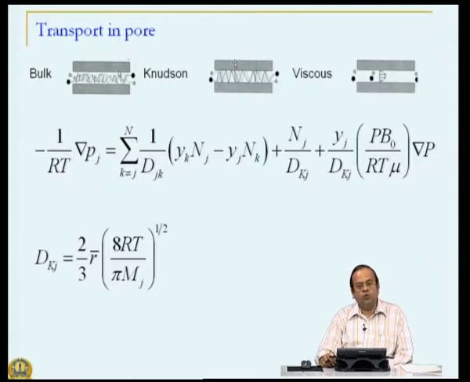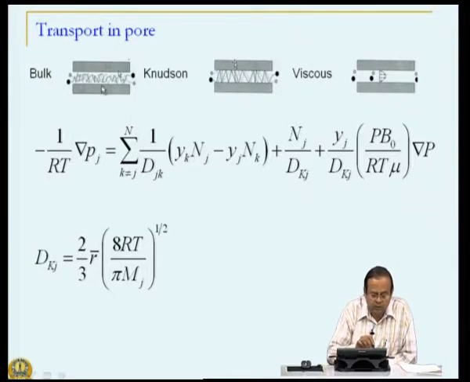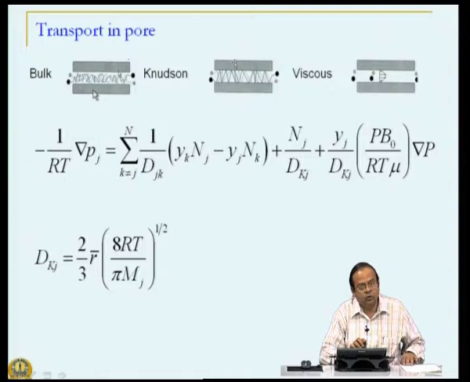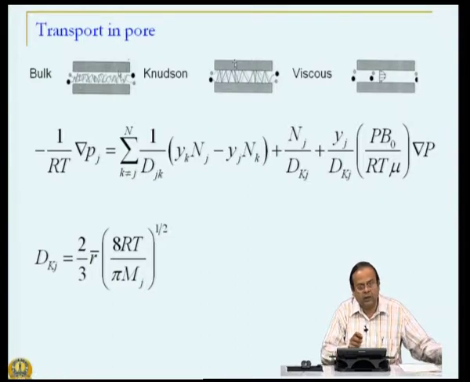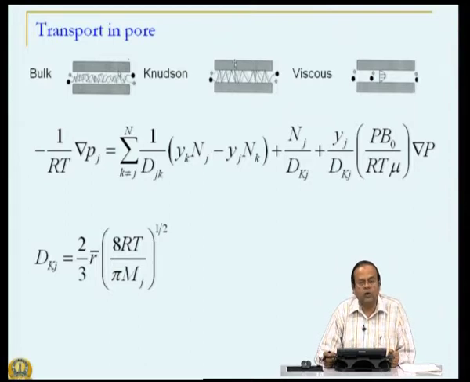However, when it comes to a pore, because the size of a pore is small, there are several other ways which also drive the reactant through the pore. So, for example, the first one that you see over here is a case of bulk diffusion, and this is a common phenomenon. It is the same whether it's flowing in a reactor or flowing in a pore.